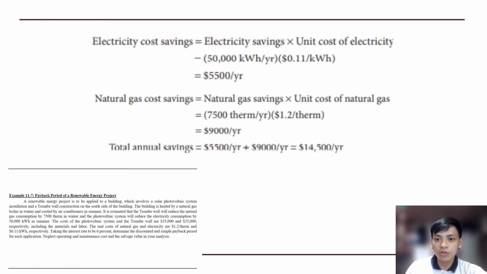Then the savings per year due to the photovoltaic system is $5,500 per year. On the other hand, the Trombe wall can save 7,500 therms per year at a rate of $1.2 per therm. Then the savings due to the Trombe wall is $9,000 per year. Overall, the savings accumulated due to these projects is $14,500 per year.